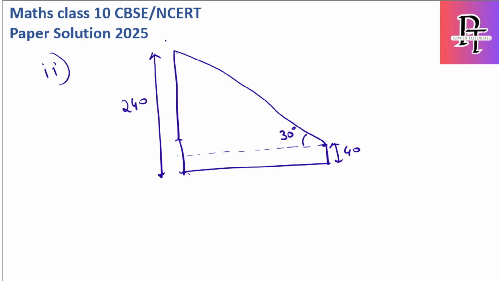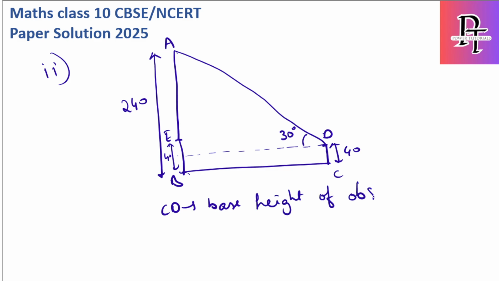Okay, let's mark the points. This is A. Let's mark this B, C, D, and we know the base also, which is 40 here. Just mark the points. CD, base height of observer, AB, statue plus base.